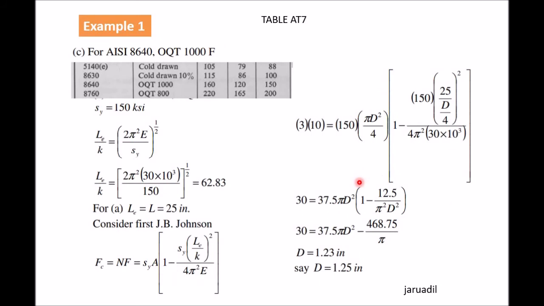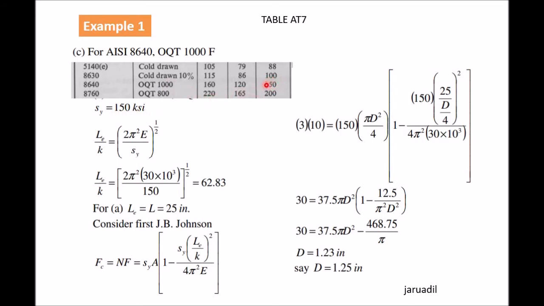So, C, we will use another material. We try another material. The given material is AISI 8640, OQT 1000 degrees Fahrenheit. So, upon looking at table 87, we have here AISI 8640, this one, OQT 1000, we have SY equal to 150.